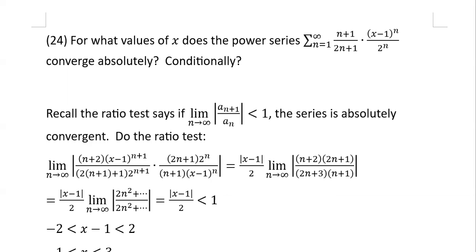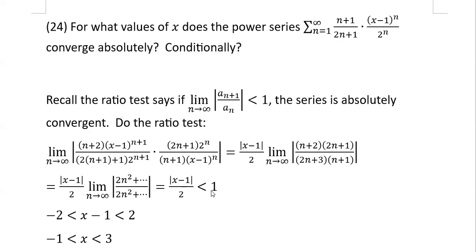So we don't do anything different, actually. We just go through the motions of the ratio test. Limit as n goes to infinity, a sub n plus 1 divided by a sub n. We go through the math. I'm going to skip over that. Hopefully you're competent in that by now. You can definitely pause the video to check out the steps I did here. We set it less than 1. One more time, the ratio test says if this result of the limit is less than 1, it's absolutely convergent.